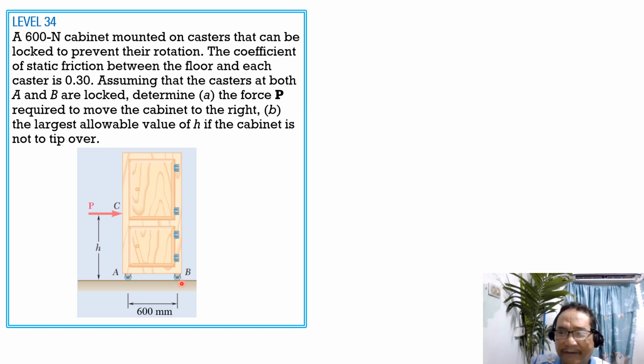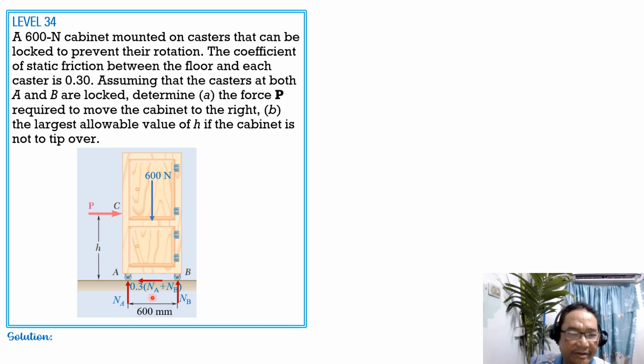So let's have the weight for the solution, then the normal reactions at A and at B shown, then friction, which is 0.3 of quantity Na plus Nb, or in this caster A, 0.3 of Na, this caster B, 0.3 of Nb, so the total frictional resistance would be 0.3 of quantity Na plus Nb.